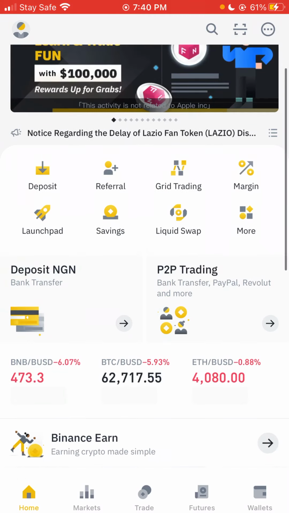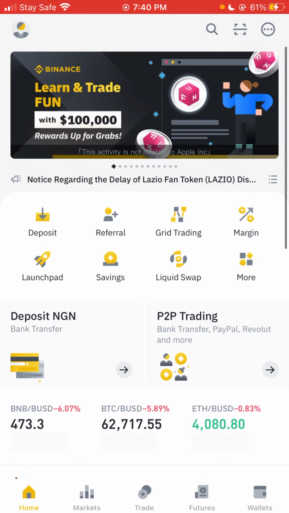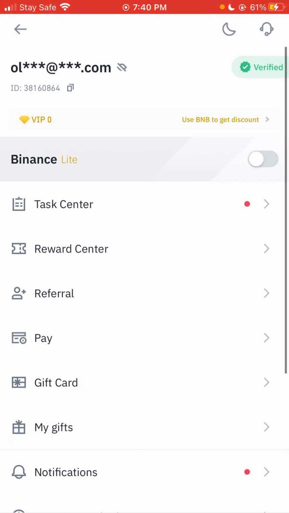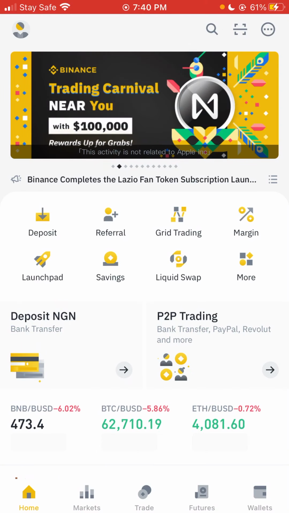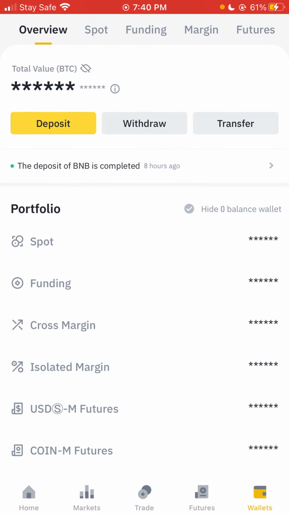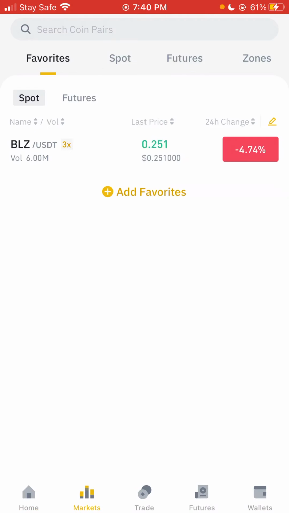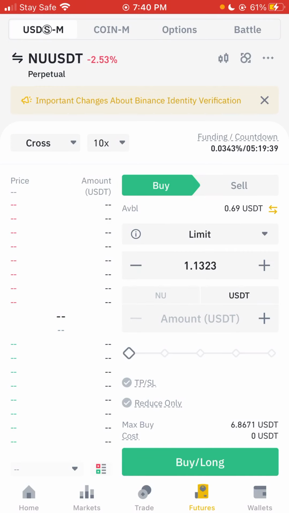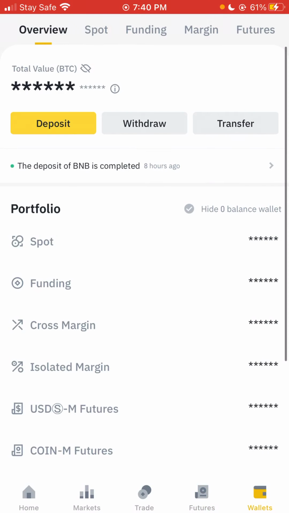So let me show you. Here, tapping on the home button, as you can see it says verified. So it shows that I've fully verified my account. If you come under these wallets, as you can see down there, we have home, markets, trade, futures.